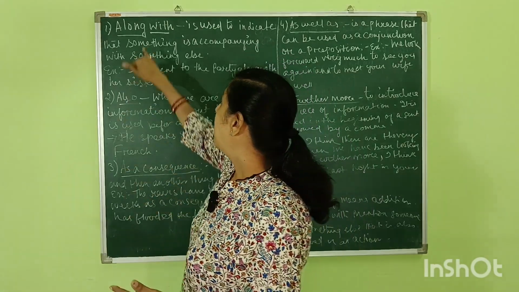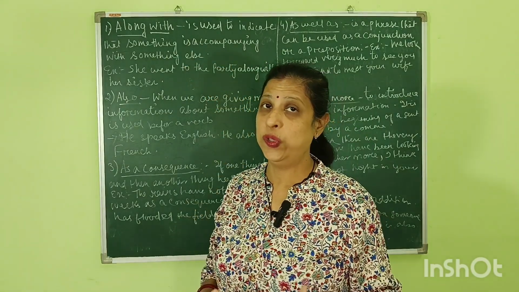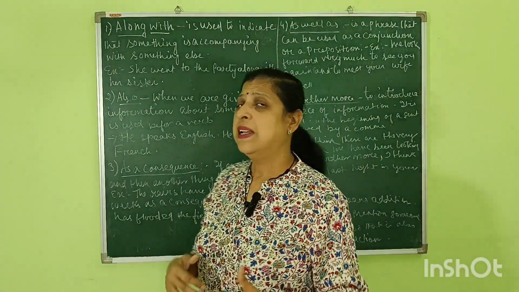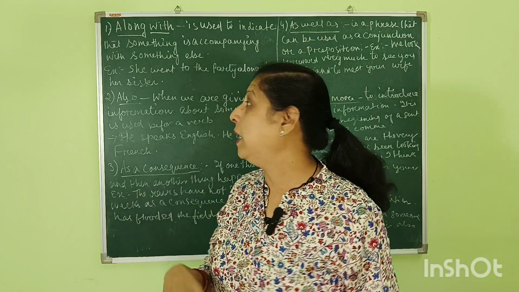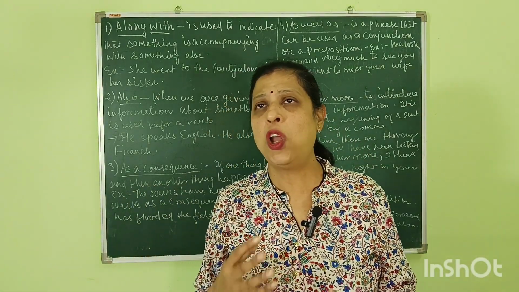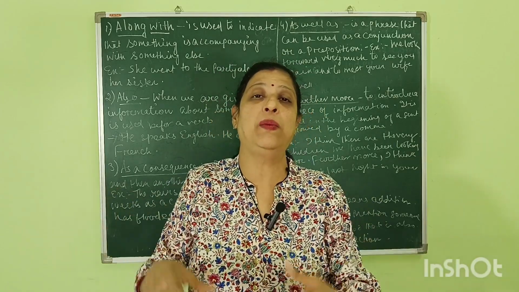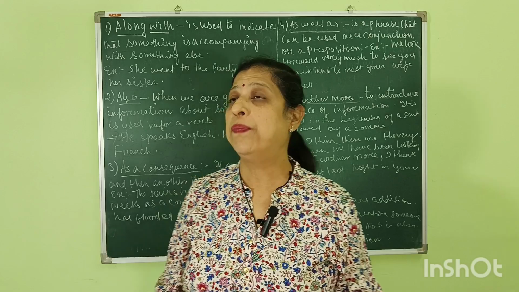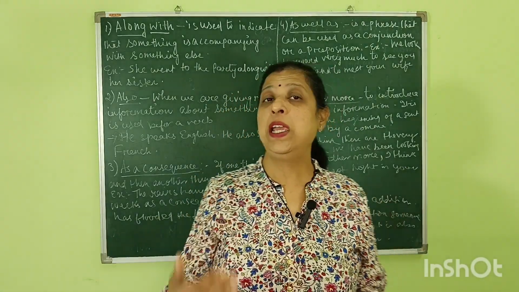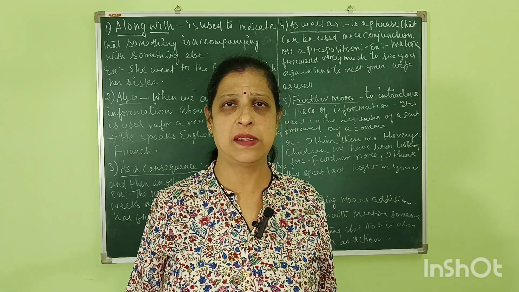Number one, along with. Along with is used to indicate that something is accompanying something else. Means along with is used when you think that something is accompanying something else. Okay, now for example, she went to the party along with her friends.